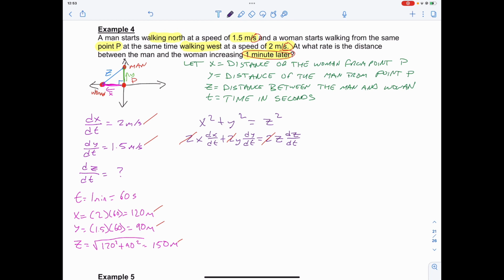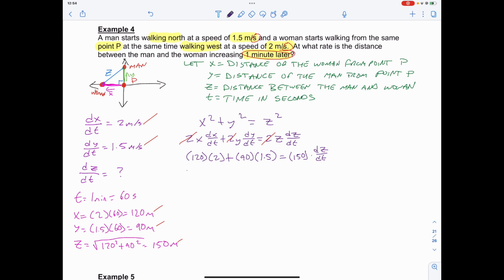So what do I have? I have x is 120, dx over dt is 2, plus y is 90, dy over dt is 1.5, is equal to z is 150, times dz over dt, which is what I'm actually trying to solve.